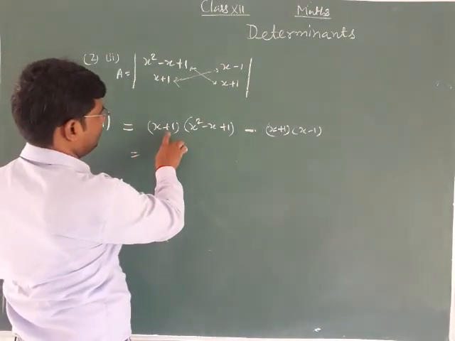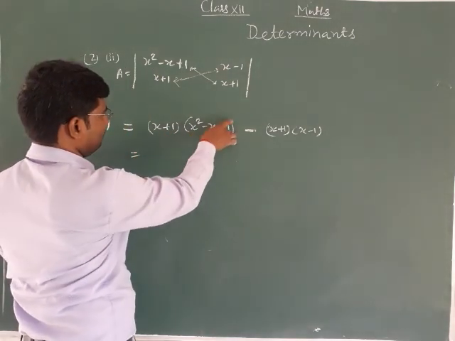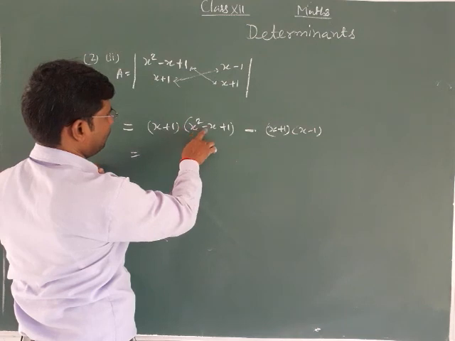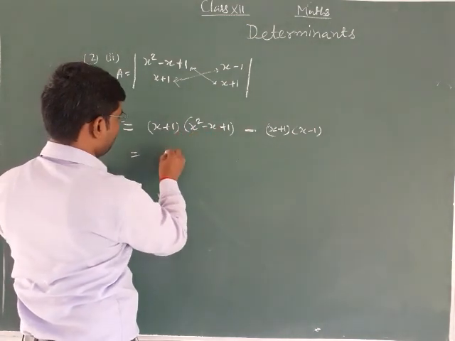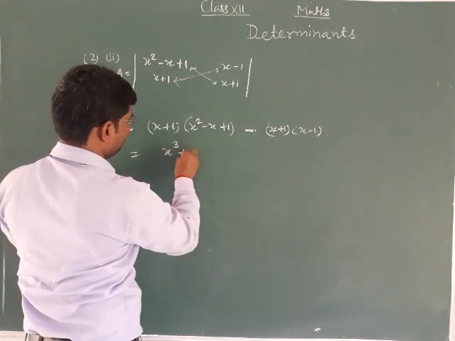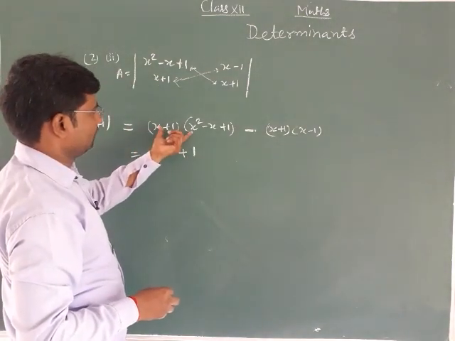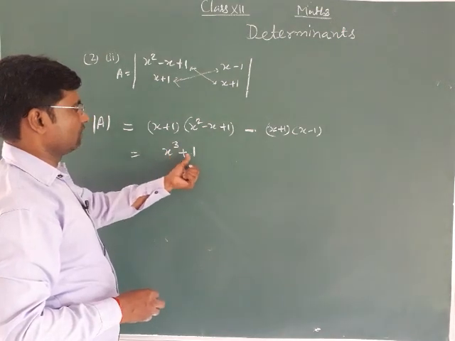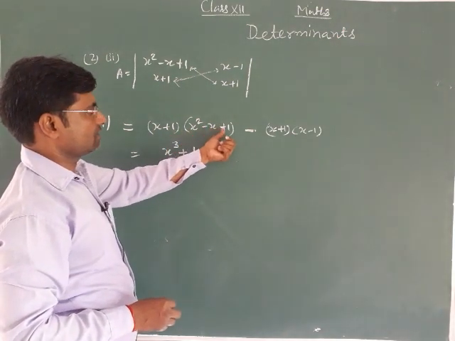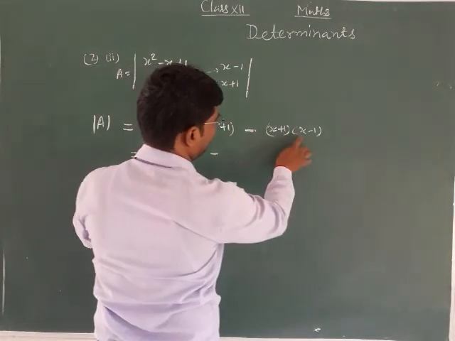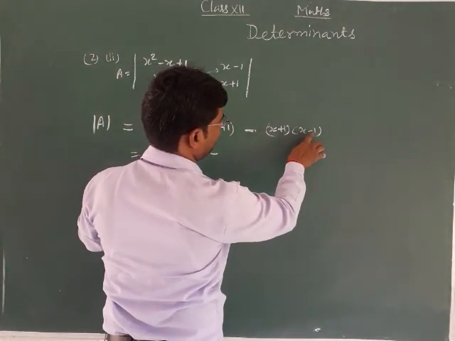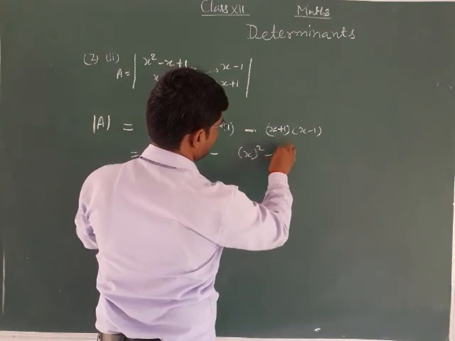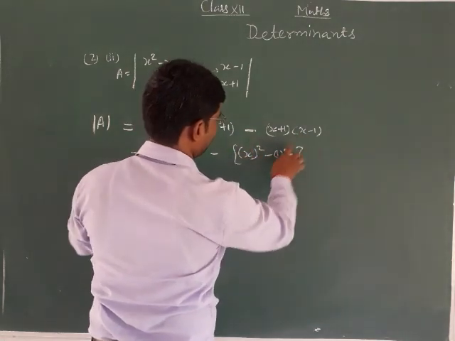So x plus 1 into x square minus x plus 1 is x cube plus 1, by the polynomial identity. And x plus 1 into x minus 1 is x square minus 1, also an identity.